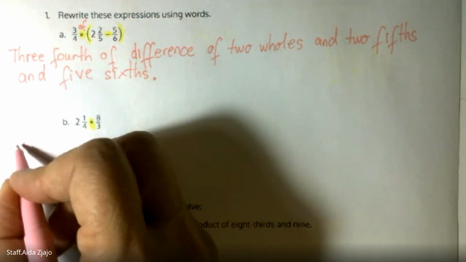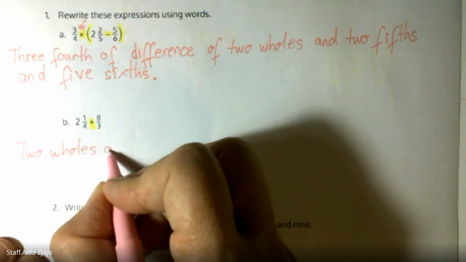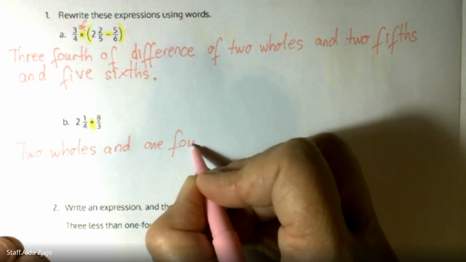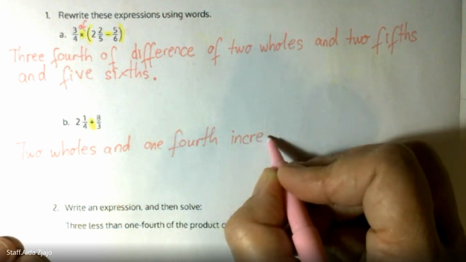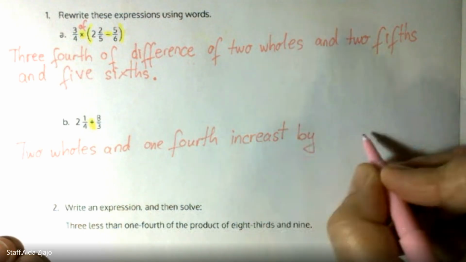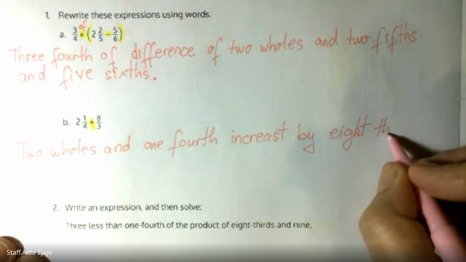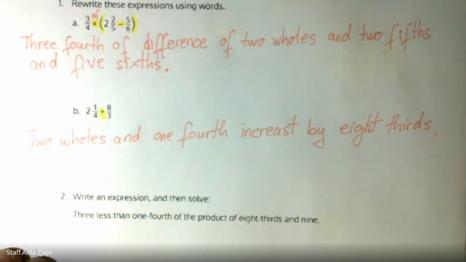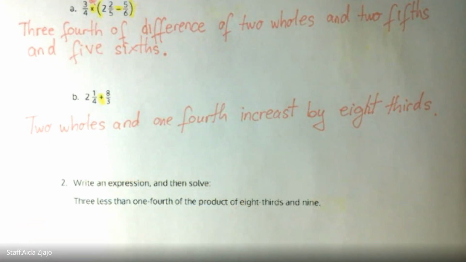Let's do that. 2 wholes and 1/4 increased by 8/3. I hope you can see this. My pink marker is kind of not okay.